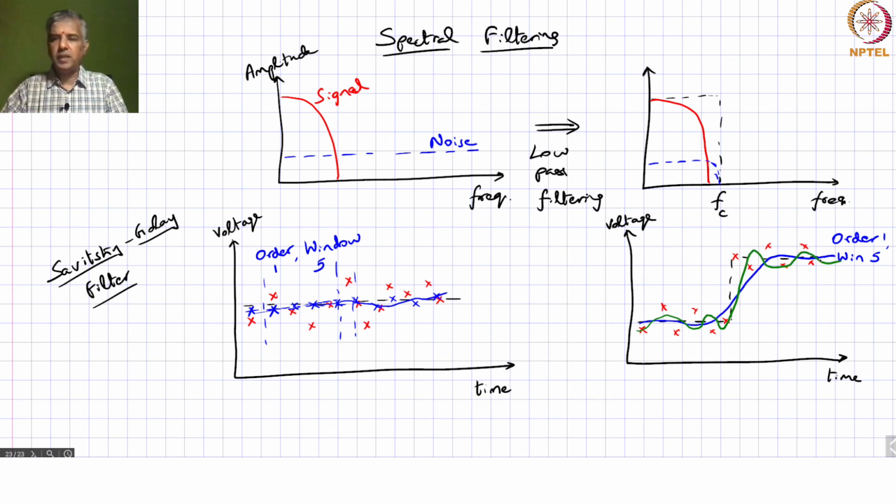So what you see here is the transition is better, because we went to order 2 and we're still keeping a window size of 5. The transition is preserved better, but in this case, if you look at the signal to noise ratio, it's still not much better compared to what you started with.